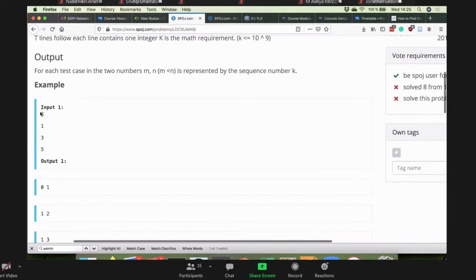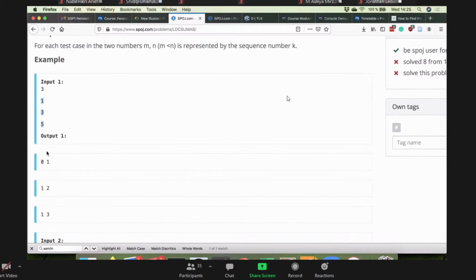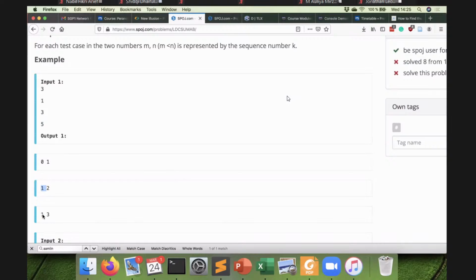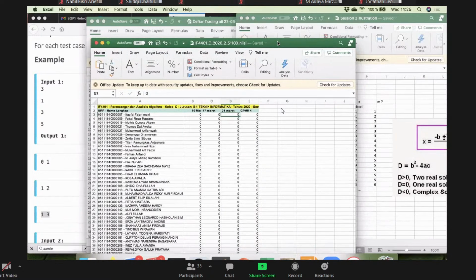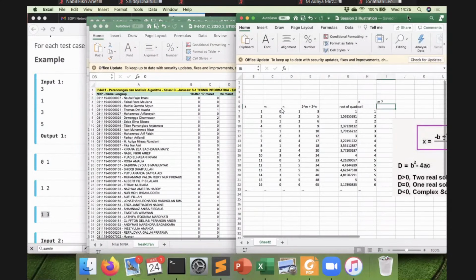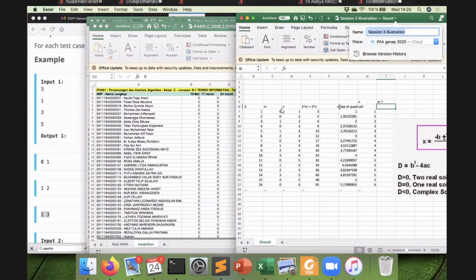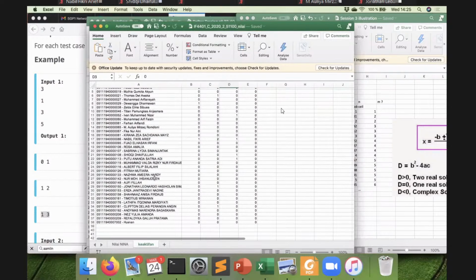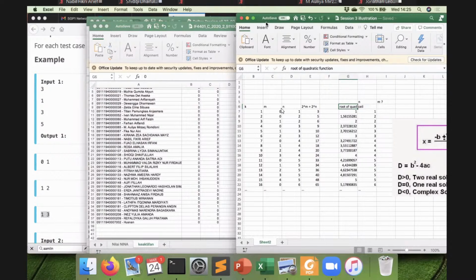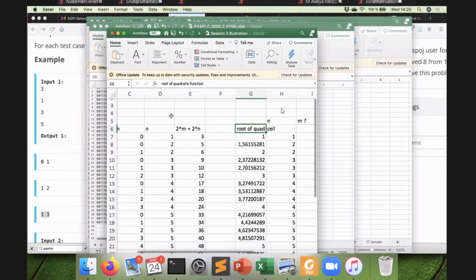So if we have 3 test cases, for example, 1, 3, 5, the output would be 0 1, 1 2, 1 3. What does it mean? It means we can represent it like this. Thank you, Ivan Muhammad Nizar, for your first explanation about this. Yes, you are correct.